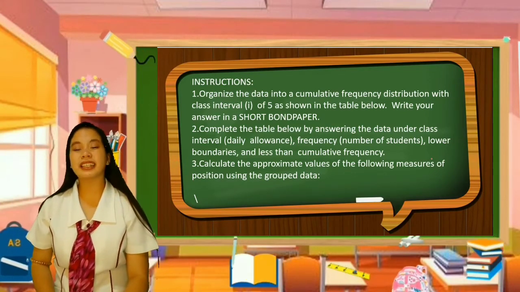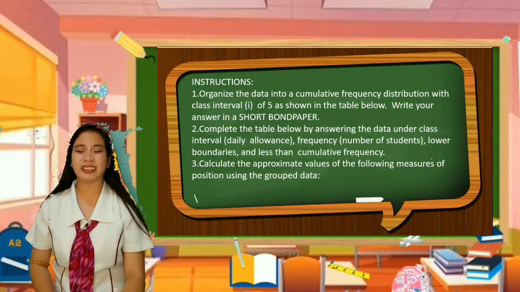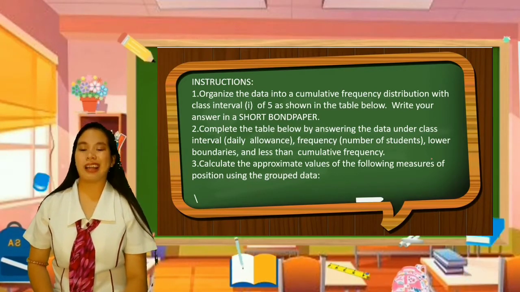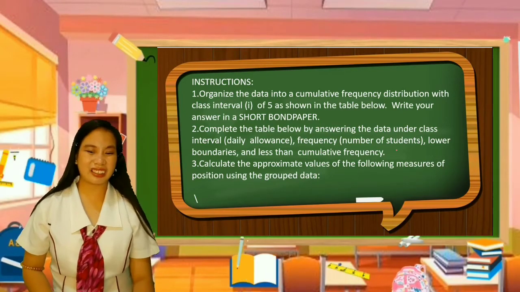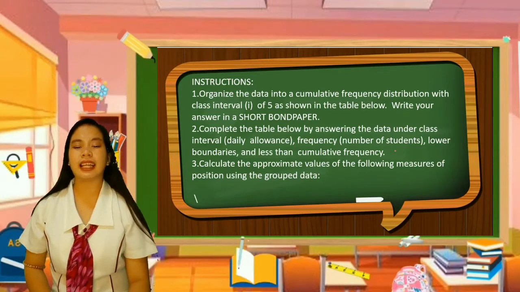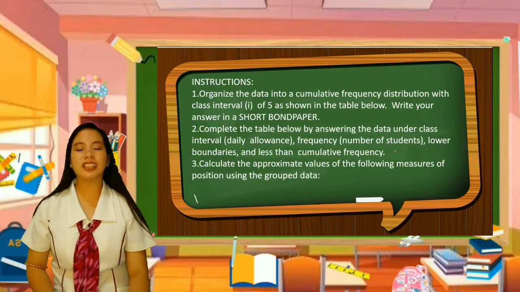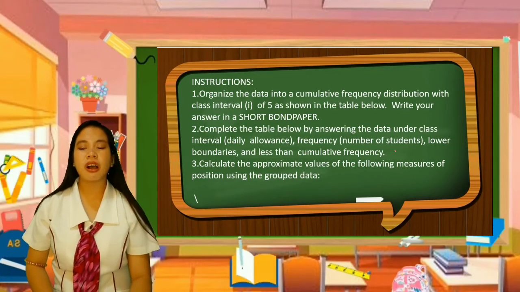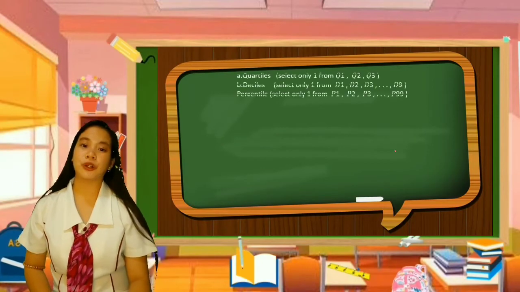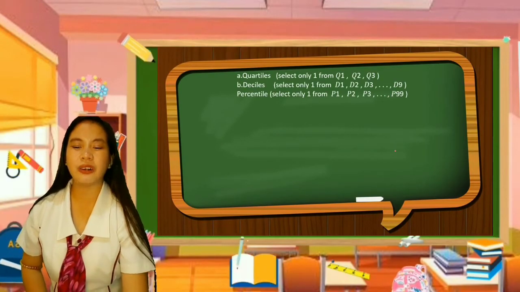Second, complete the table below by answering the data under class interval or daily allowance, frequency or number of students, lower boundaries, and less than cumulative frequency. And last, calculate the approximate value of the following measures of position using the grouped data.